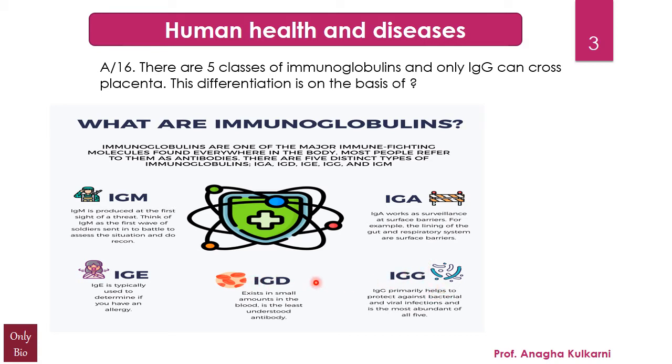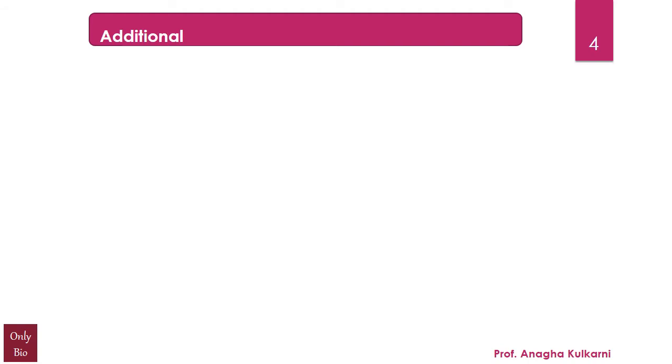IgD, IgG I have already told you. IgD, it exists in the small amounts in the blood and it is the least understood antibody. And IgE is typically used to determine if you have any allergy. So these are the important points to be kept in mind for the immunoglobulins.